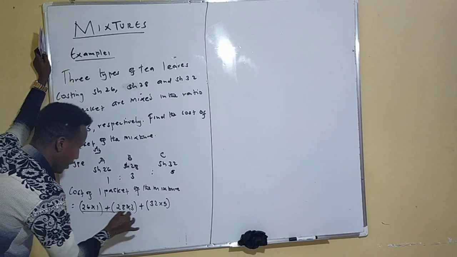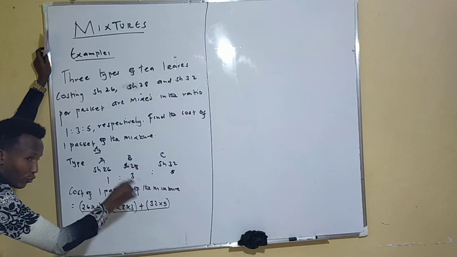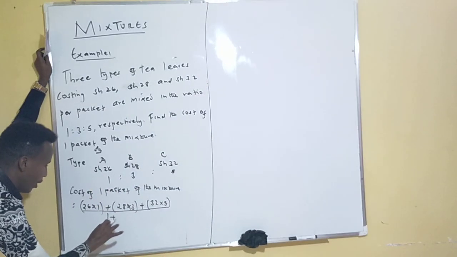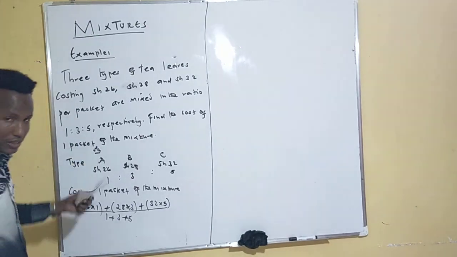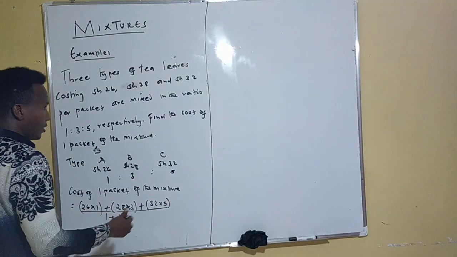Total divided by the summation of the ratios, 1 plus 3 plus 5. By the way, it's very easy. So you must have your calculator. 26 times 1 is how much?